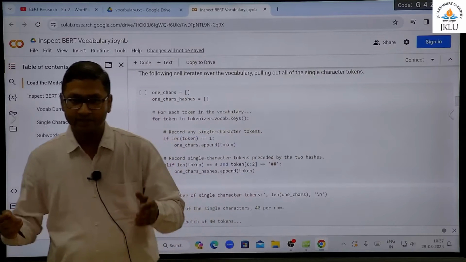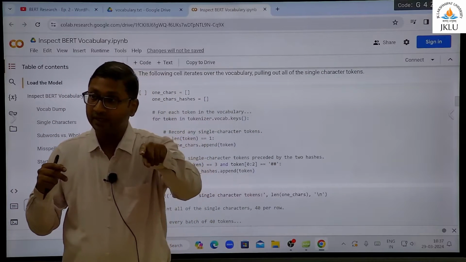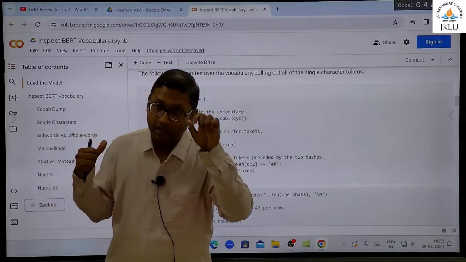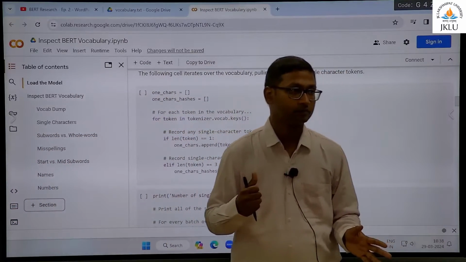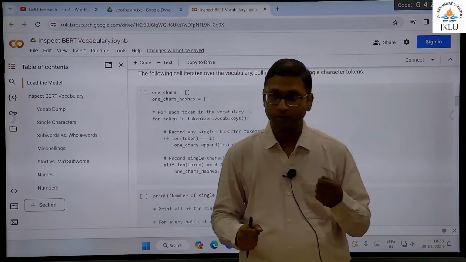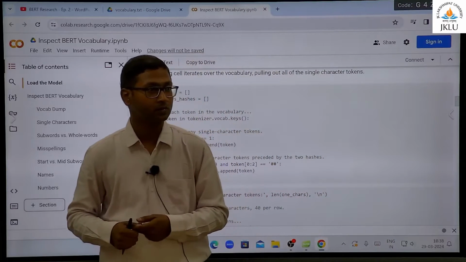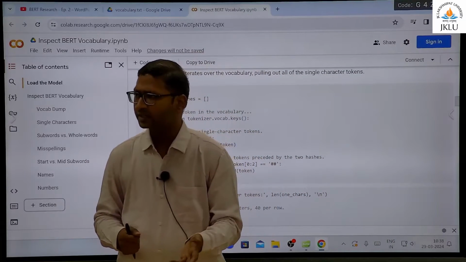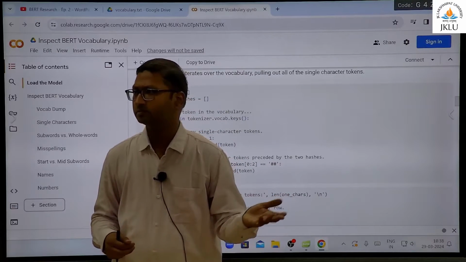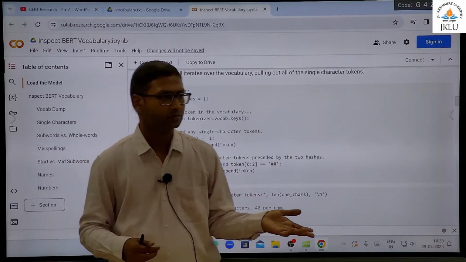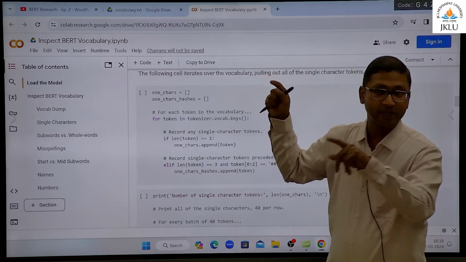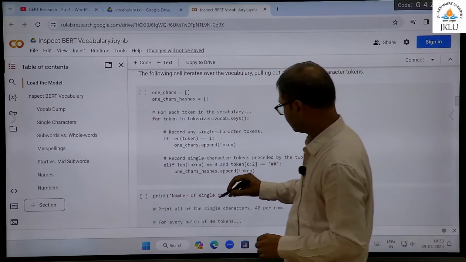So for example, he mentioned that hash hash ly is present in the vocabulary, but ly alone is not there, because ly is, when do we use? Adjectives. Okay? Hardly, highly, and so on. So hash hash ly is there, but ly alone is not there.